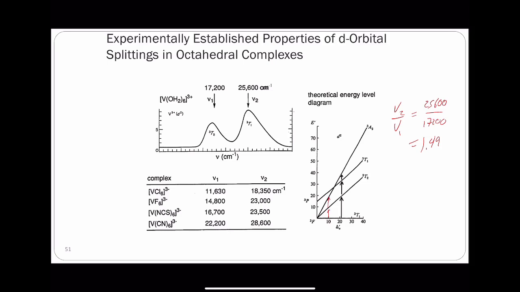So for instance, what I've marked so far at delta octahedral over B, in this case it's denoted as delta octahedral prime, but it's delta octahedral over B of 10, we have energies of about 18 over about 9. So in that case, we would have a ratio of those transitions of about 2, which would indicate, of course, that this is not the appropriate value of delta octahedral over B.